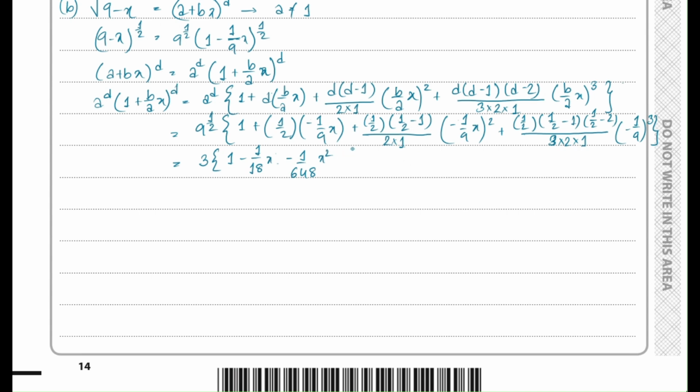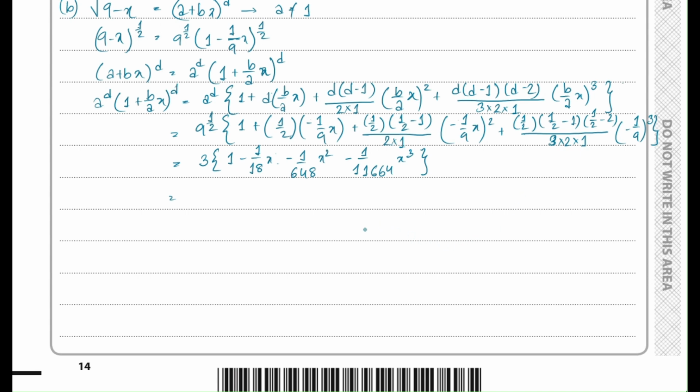And the next one would be minus 1 bracket 11664 x to the power 3. So I would multiply this bracket with 3.